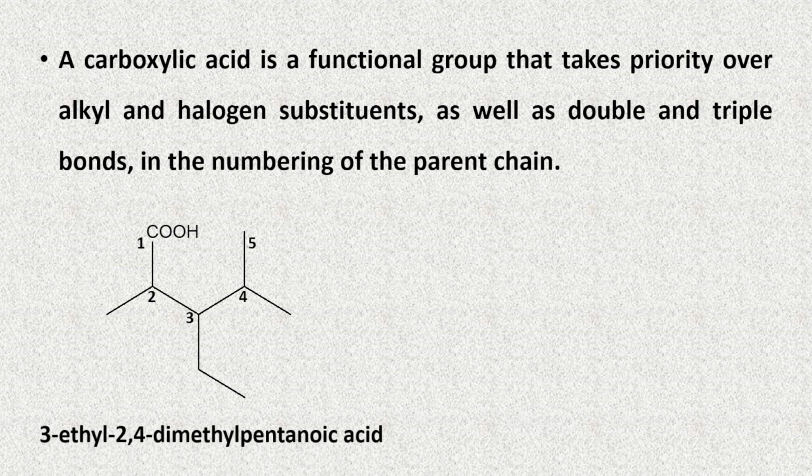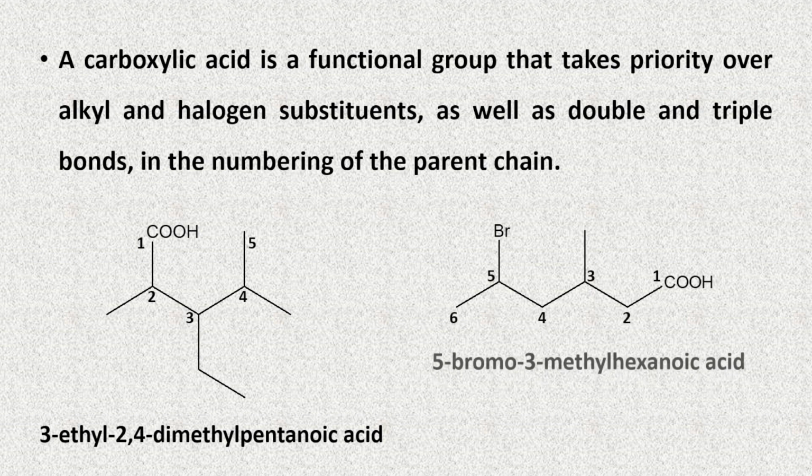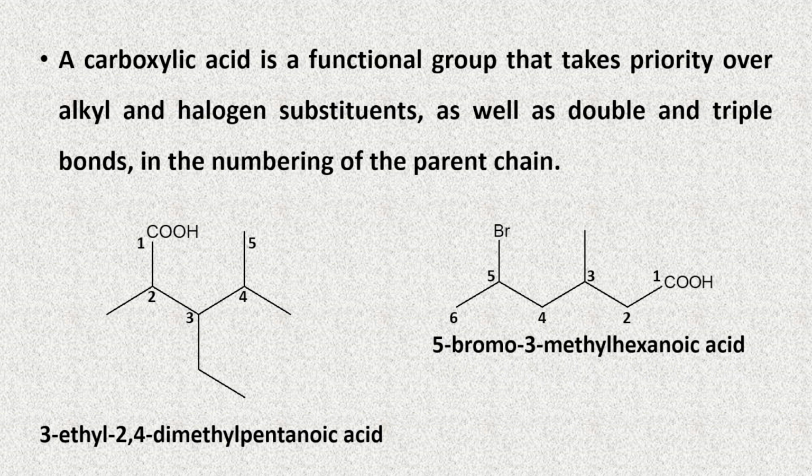So, its IUPAC name is 3-ethyl 2,4-dimethyl pentanoic acid. In the second compound, the numbering has to be done from the right end. So, its IUPAC nomenclature is 5-bromo 3-methyl hexanoic acid.